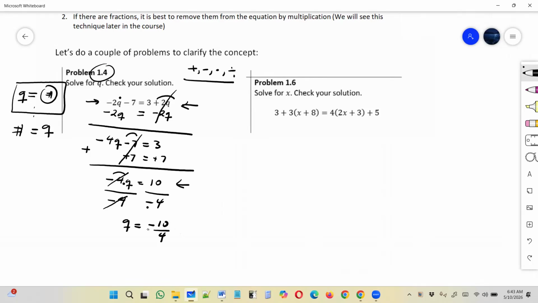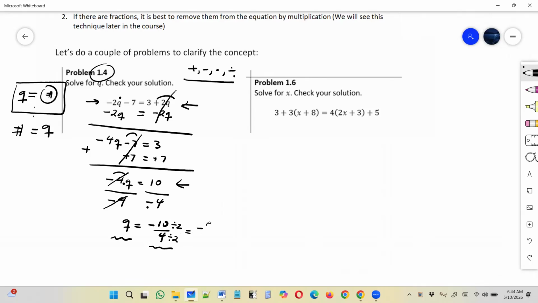Now I'm almost done. Notice that I have a single variable here, 1q equals a number on the right side, but this fraction can be simplified. So anytime a fraction can be simplified, you must simplify it. So we can simplify it by 2. So you divide numerator and denominator by 2.